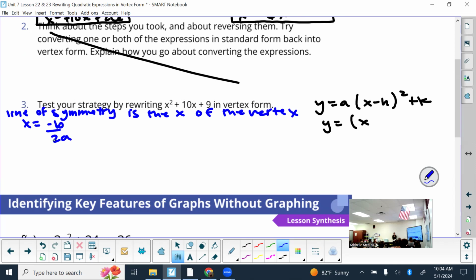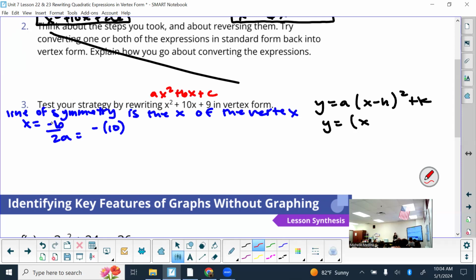So I only need B and A though for this. Tomorrow we'll do C, but what's my B value? 10. And let me put this on top of it so that we know what I mean by A, B, and C.